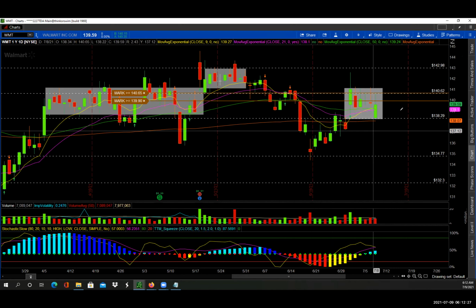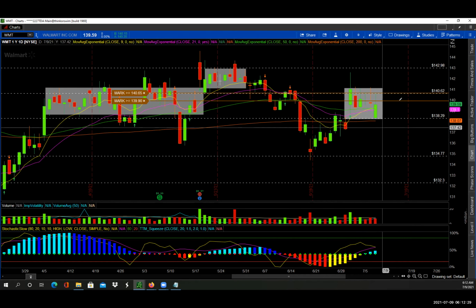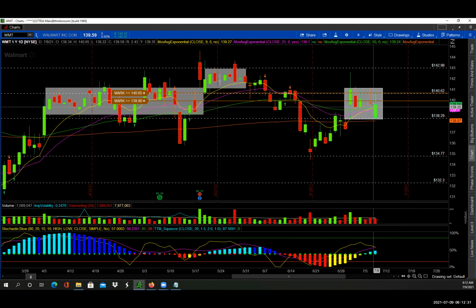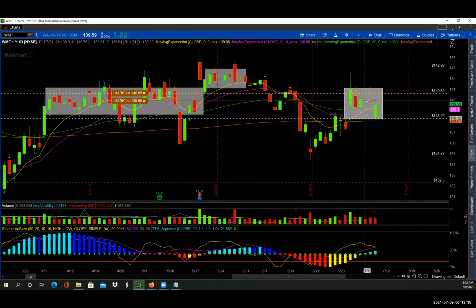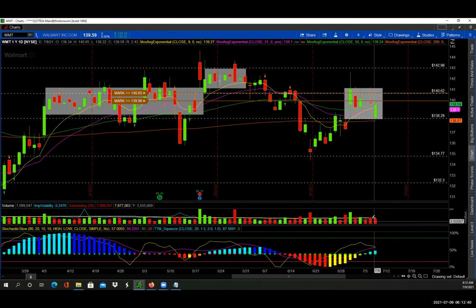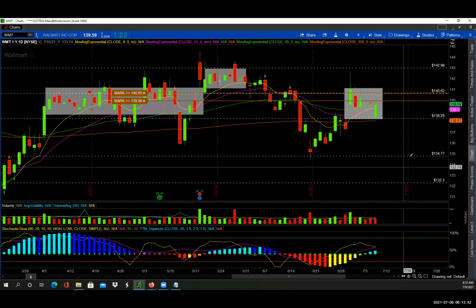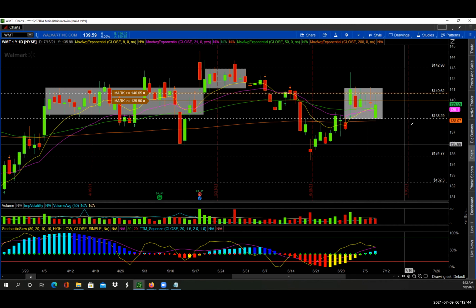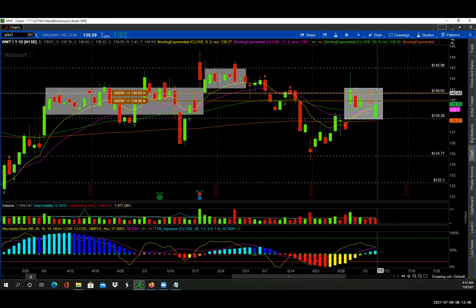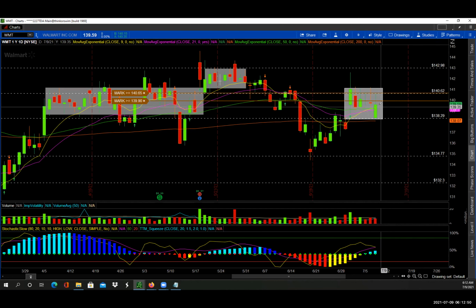This is a new trend that we have now, and we're just looking for this to break. We just need some sort of catalyst or some volume to step in. And if you can tell here, we have 3 days of a lot of selling pressure. So really what people have been doing, they've been seeing this rejection at around 140.60 and have just been shorting it and shorting it.